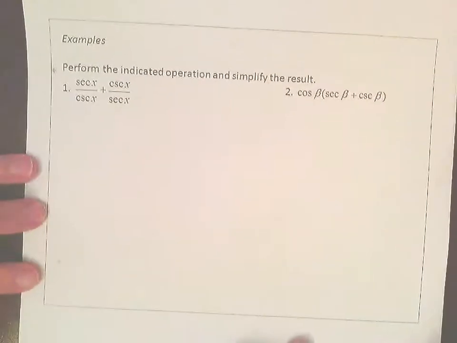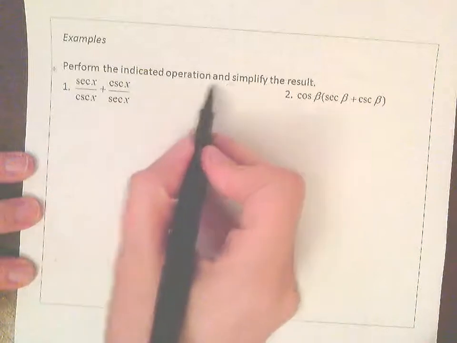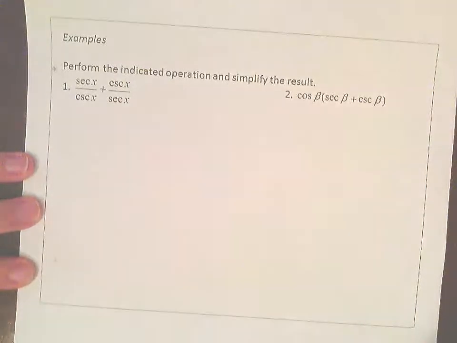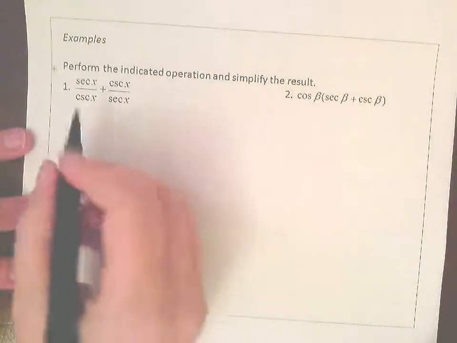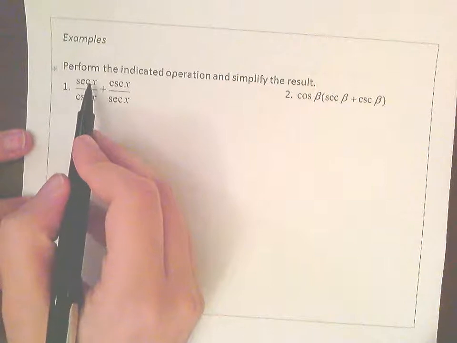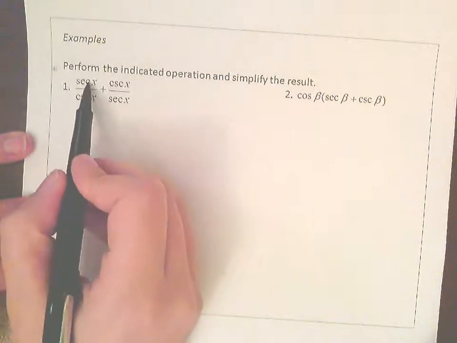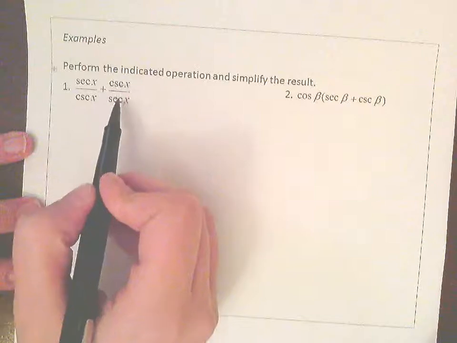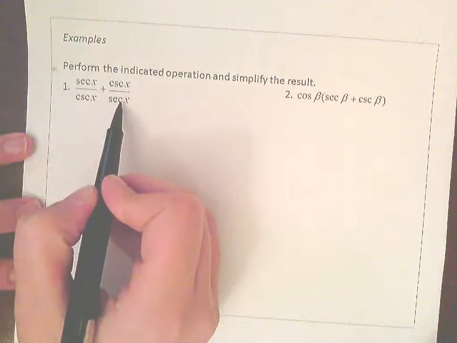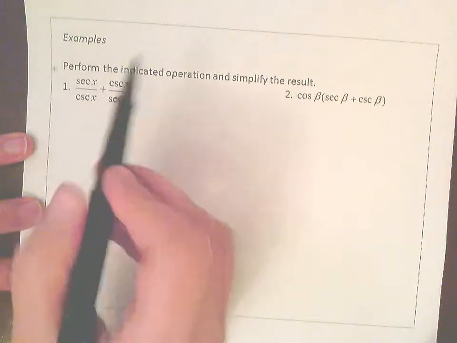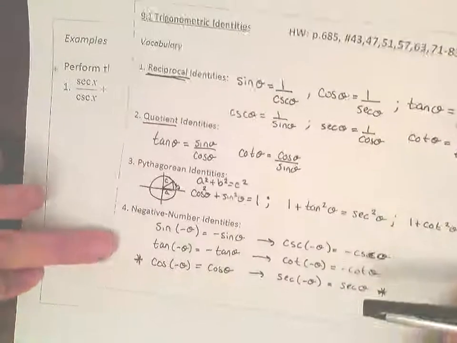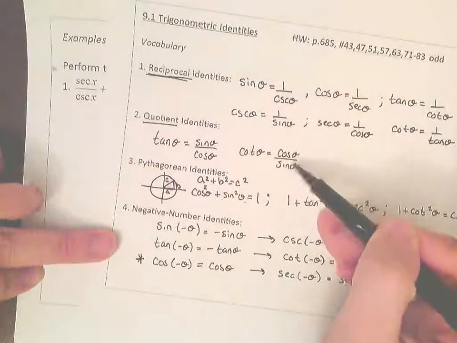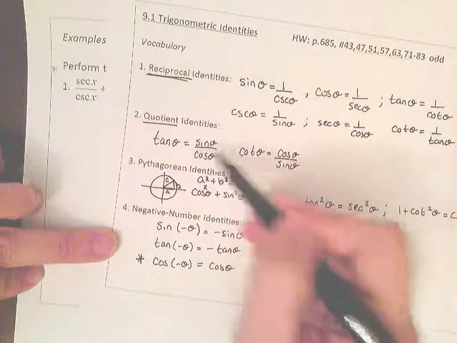All right, so the first example says perform the indicated operation and simplify the result. So basically, the first thing I see here is that secant is being divided by cosecant plus cosecant is being divided by secant. Looking at all of my identities, specifically the division ones, none of them really match up.